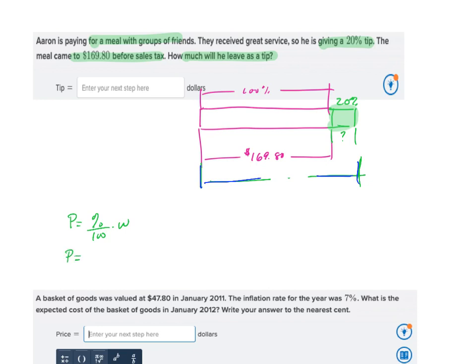And if we look, we're doing 20%, so it's going to be 20 over 100 times the whole, which was $169.80. Okay, so if I'm trying to figure out what my part is, the tip is 0.20 times the original amount, which is $169.80, which means our tip is going to be $33.96.